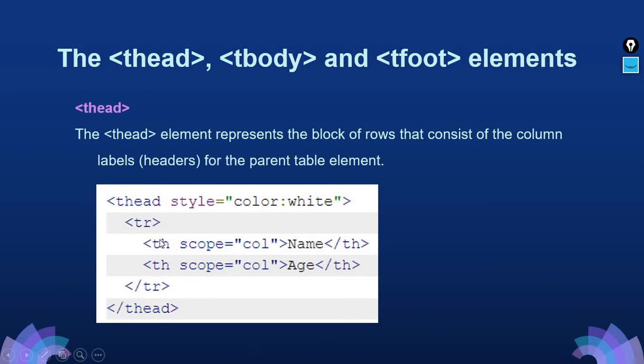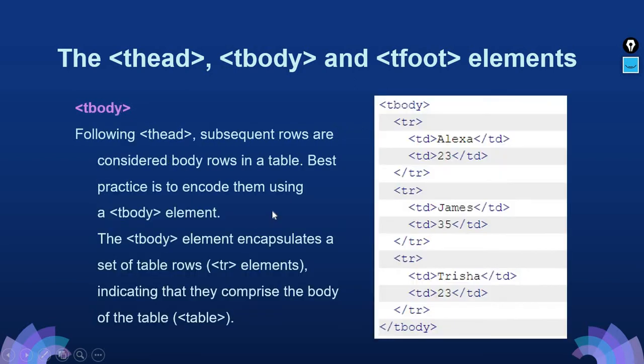So here's an example. Following the thead, subsequent rows are considered body rows in a table. Best practice is to encode them using a tbody element. The tbody element encapsulates a set of table rows, indicating that they comprise the body of the table.